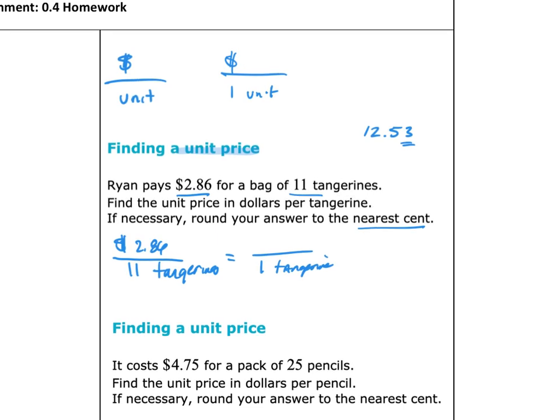Okay, so what I've got to do, and I'm just going to give you a quick reminder of what I've always taught, is it's a scale factor. You're going to divide by 11 here, and if you divide the denominator by 11, you have to divide the numerator by 11. I only call it numerator and denominator so that you remember it's the top and the bottom of the ratio.